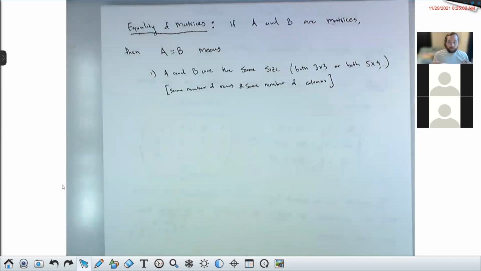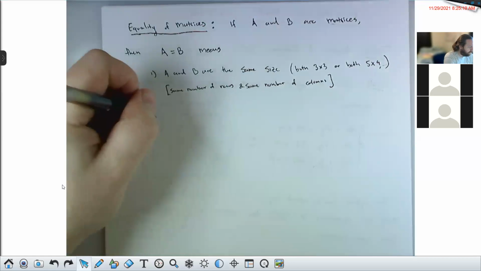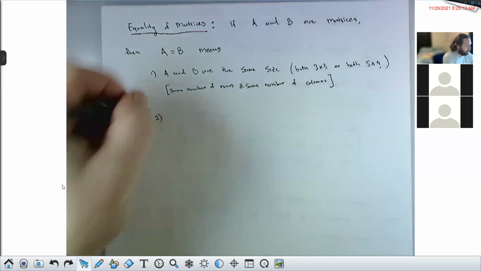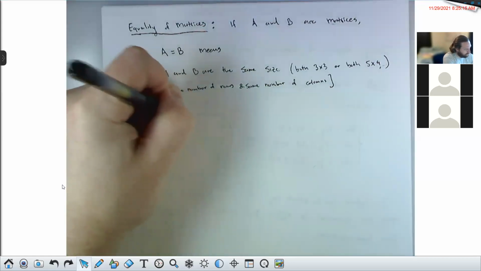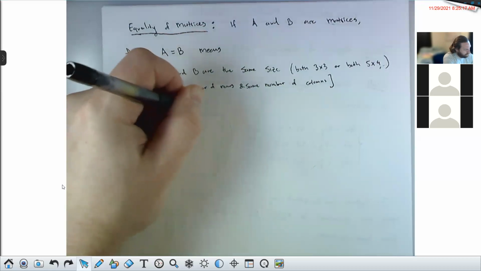So in order for two matrices to be equal, they have to have the same number of rows and they have to have the same number of columns, have to have the same dimension. The other thing is that the entries have to be equal to each other.